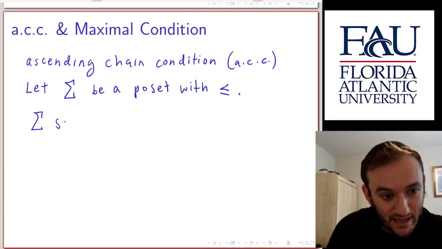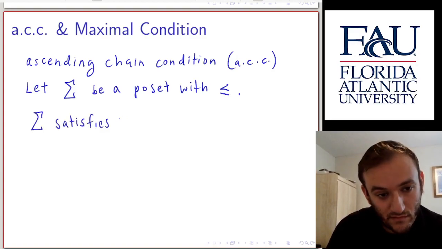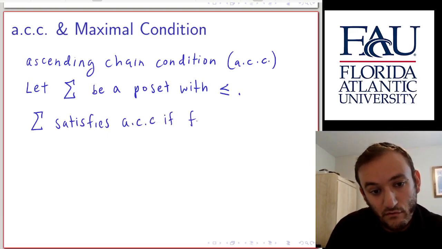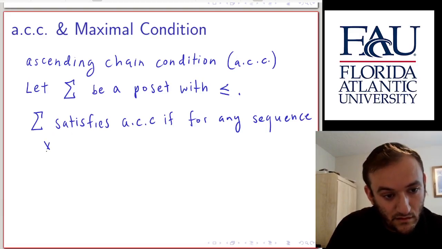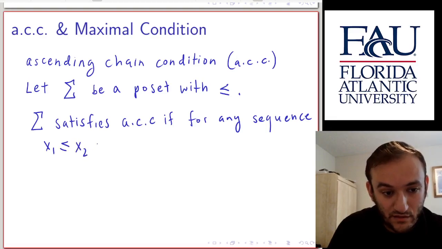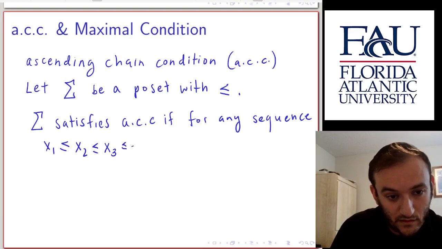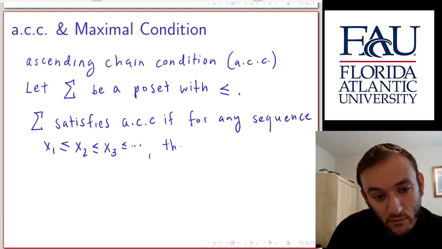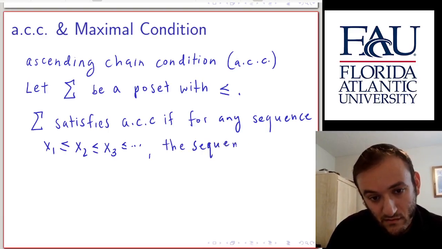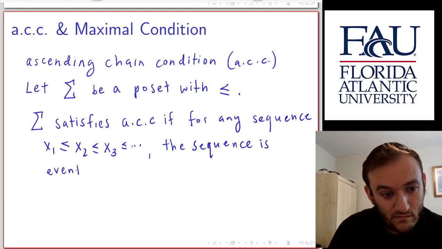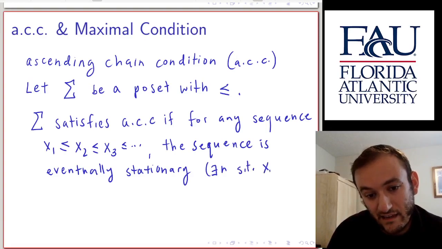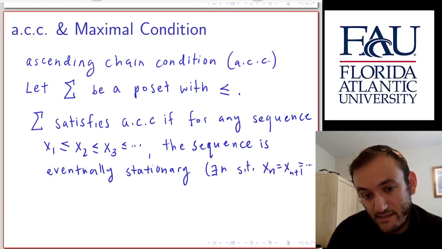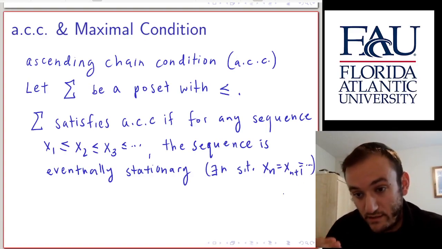Sigma satisfies the ACC if for any sequence x1 less than or equal to x2 less than or equal to x3, etc., the sequence is eventually stationary, which means that there exists some index n such that xn is equal to xn plus 1, etc. So everything after xn in the list is equal to xn.